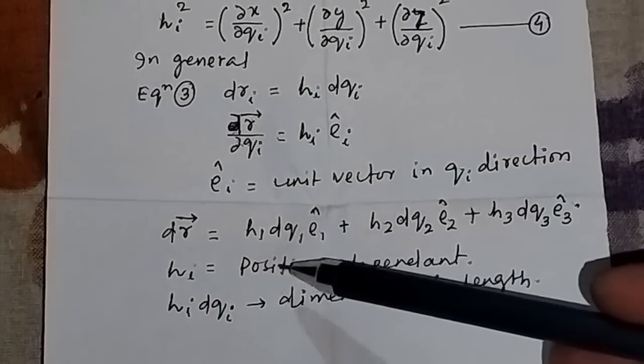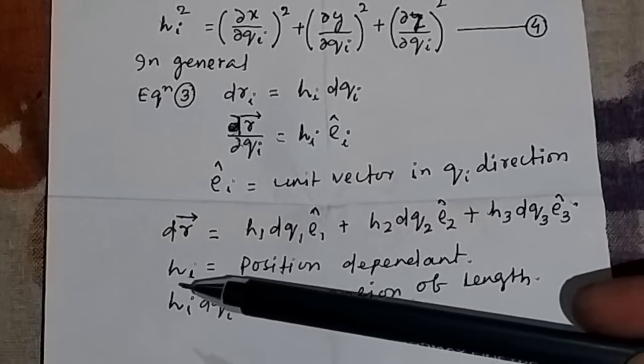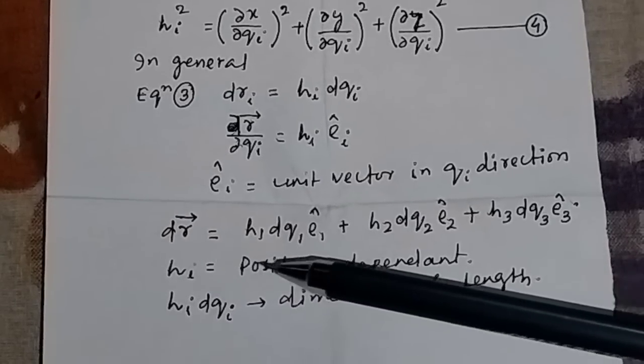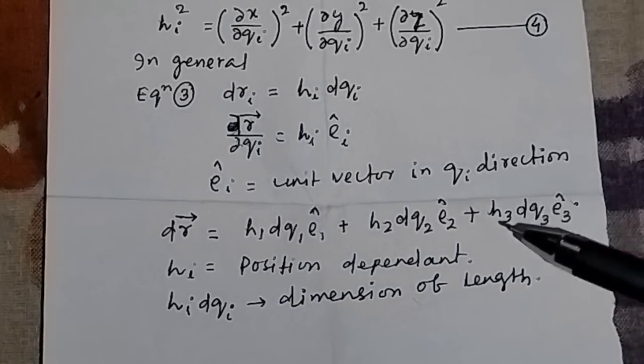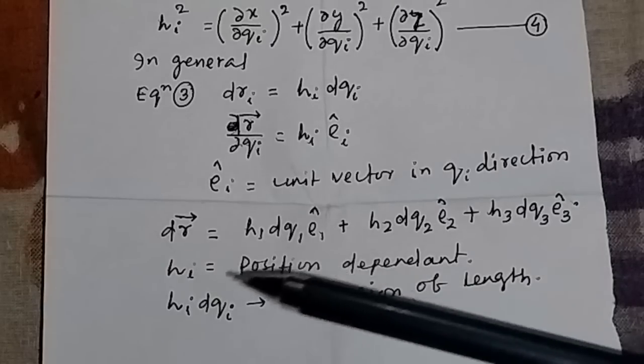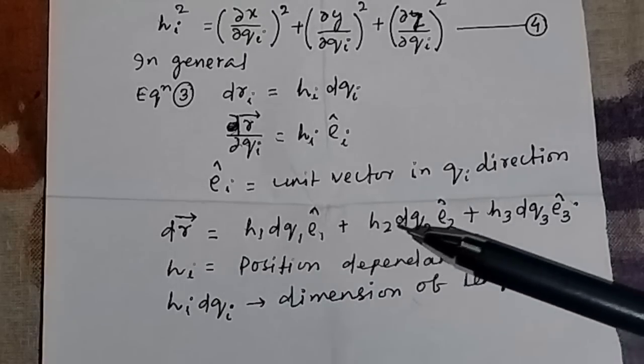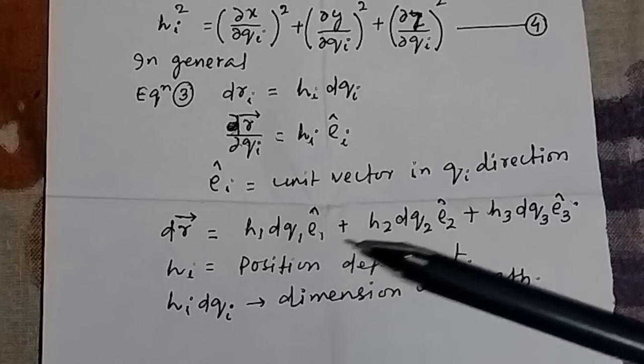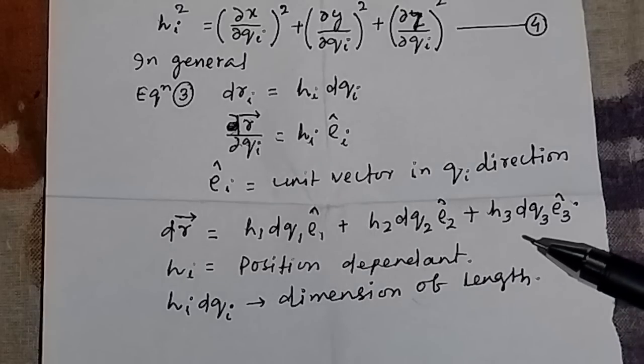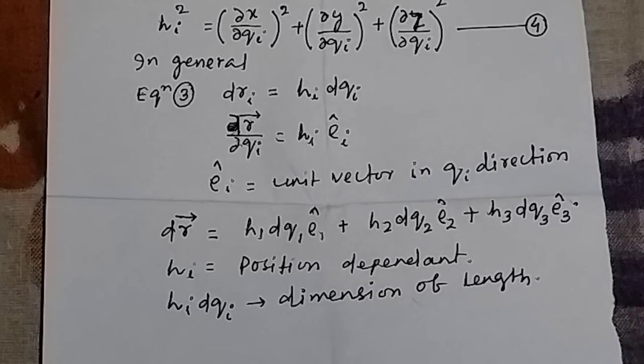So this is the expression for the differential displacement dr in curvilinear coordinates, and you have to remember this equation so that you can find the divergence, gradient, and curl in the case of curvilinear coordinates.